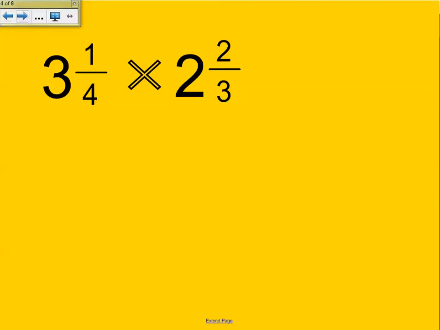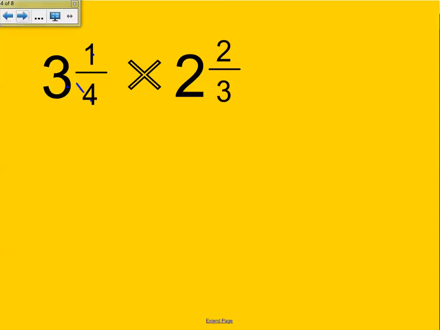So on your paper and examples, let's write down 3 1/4 times 2 2/3. Remember that of could also be in the middle there to mean to multiply. So step 1 says change your mixed numbers to improper fractions. So I'm going to do the bottom times the side plus the top.